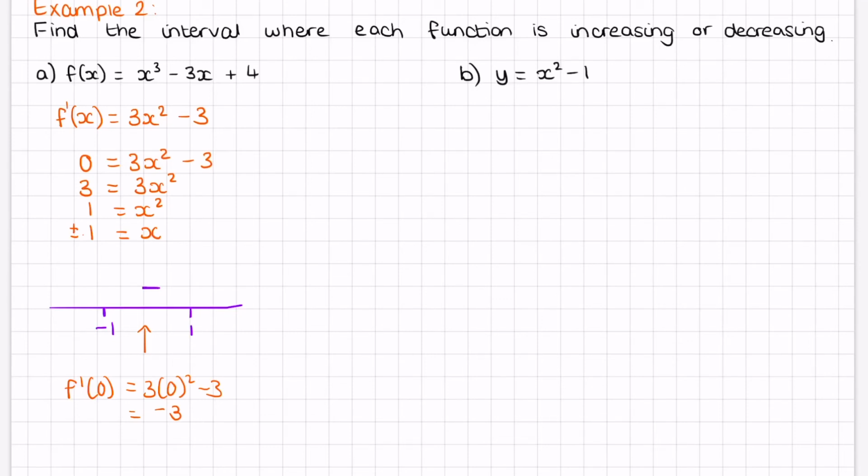So we pick a number bigger than 1, put it into the gradient function, see if it's positive or negative, and pick a value less than -1 to put into our gradient function. If I put, say, 2 into our derivative function, we would find that the answer would be positive. And if I put -2 into the gradient function, we find that would also be positive.